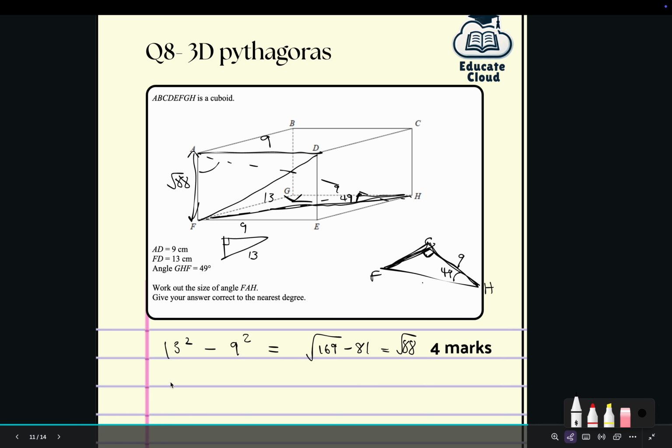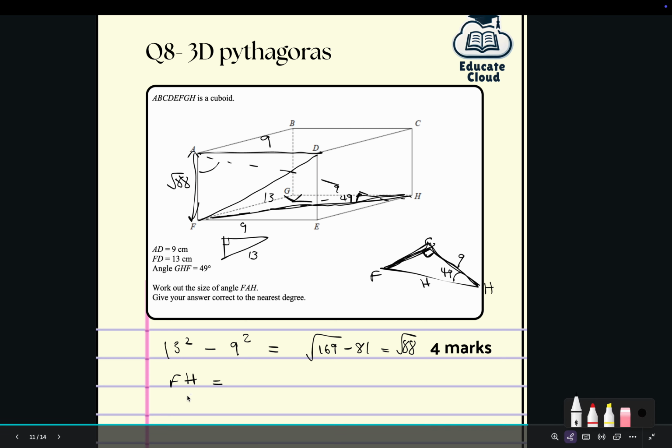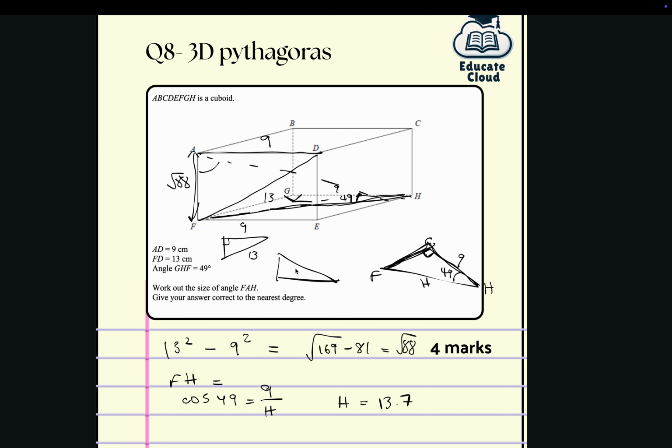And to work out FH, I can simply use the cosine rule because I'm working the hypotenuse out, and I know the adjacent is 9. So cos of 49 is adjacent, which is 9, over the hypotenuse, which you want to work out. So if we do 9 over cos 49, the hypotenuse is 13.7. Once we have that, we now can work this angle out. This is A, this is F, this is H. We want FAH.